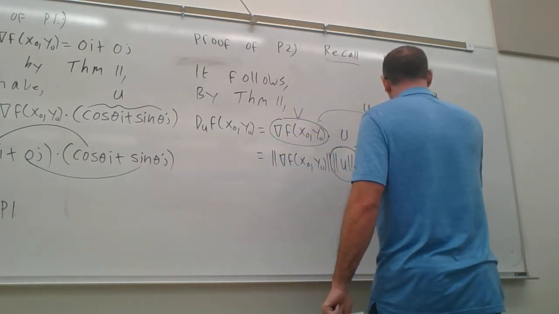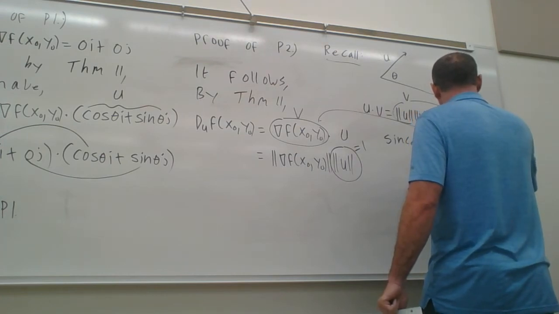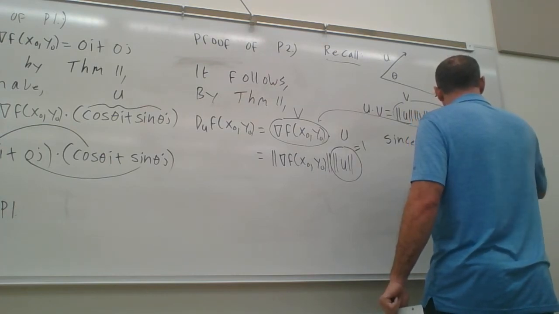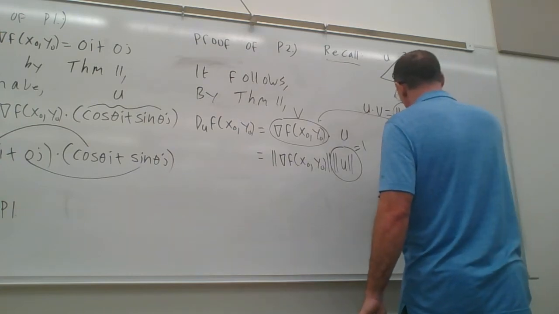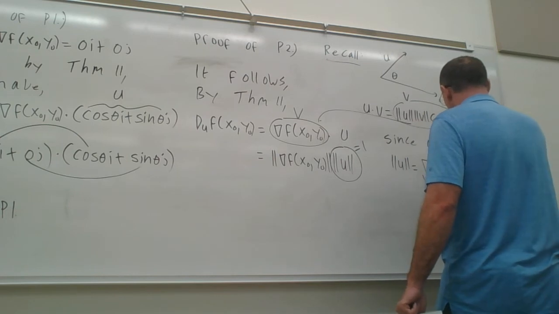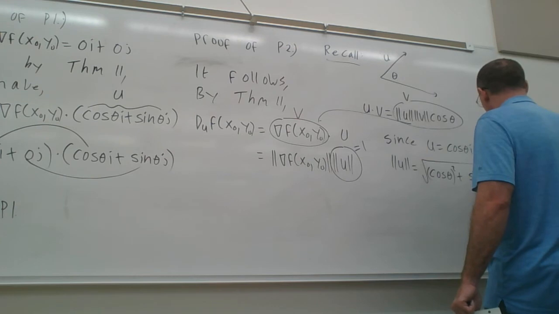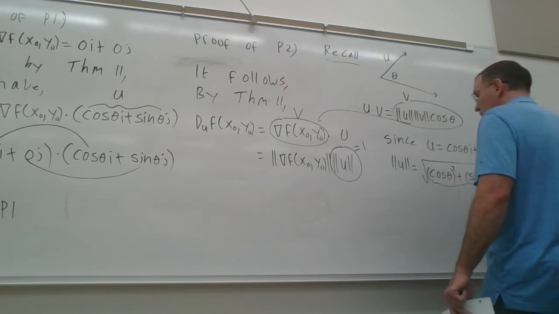Because u is equal to cosine i plus sine j, so if you do the magnitude of u, the square root of cosine squared plus sine squared, that is 1, so this whole thing's 1.